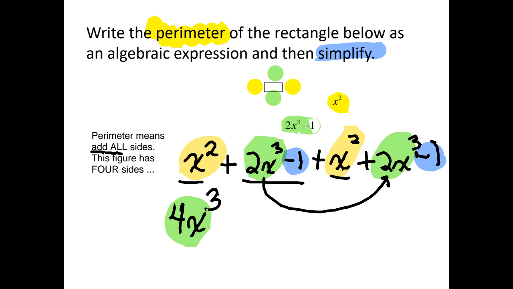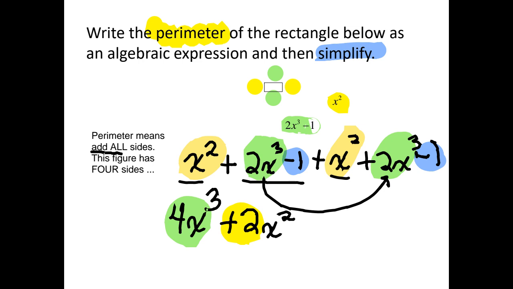I'm adding the coefficients. Then I'm taking the yellow ones. x squared plus x squared is going to give me a positive 2x squared.